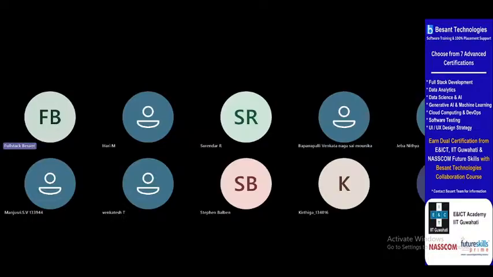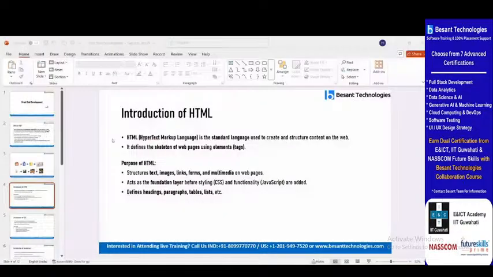Here we can easily understand why we are using HTML. The main purpose of HTML is to bring our text, images, links, forms, and multiple pages. CSS and JavaScript bring in a more responsive and interactive web page to the users.